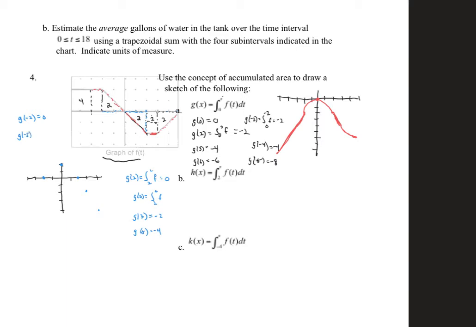So g of -5 is going to be, let's see, we were at 0 to here. We're going right to left. So we're going to go 1, 2, 3, 4, 5, 6. That's going to be, I think, a -6. So I'm going to go down a couple more tick marks and call that, I guess I got to go another tick mark to the left. g of -5 is going to be down here.